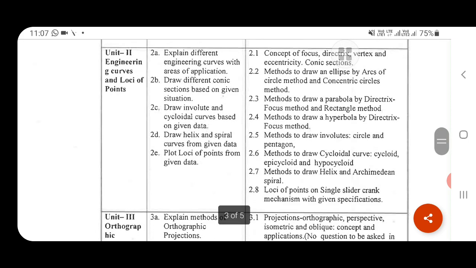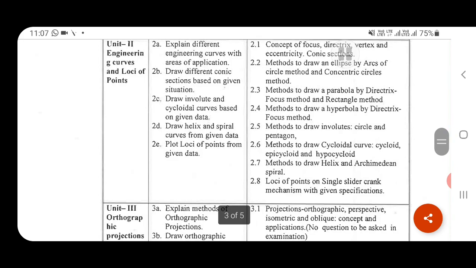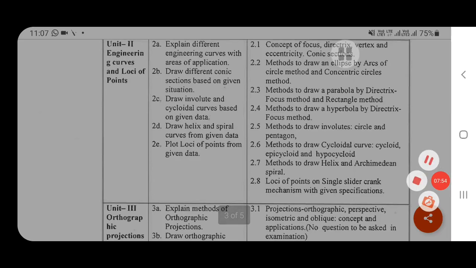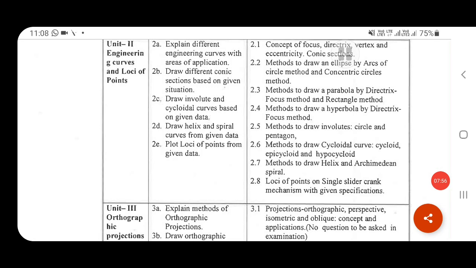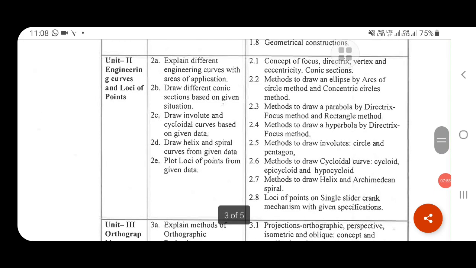Next, the method to draw a hyperbola by directrix focus method. Next, the method to draw an involute of a circle and pentagon. Next, the method to draw cycloid, epicycloid, hypocycloid. Next, the method to draw helix, spiral, and last is slider crank mechanism. So firstly see all the concepts.